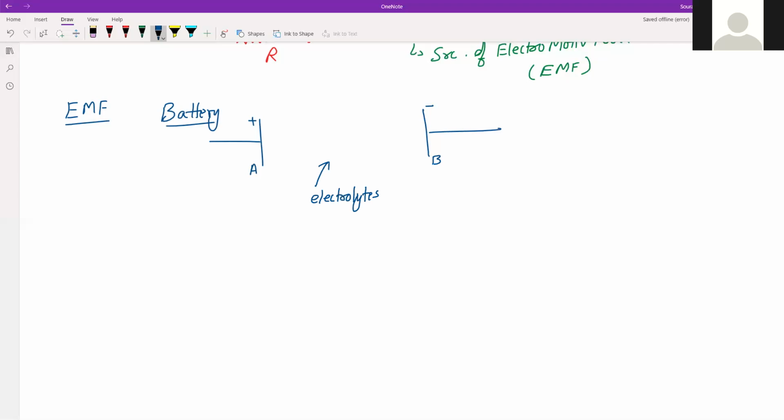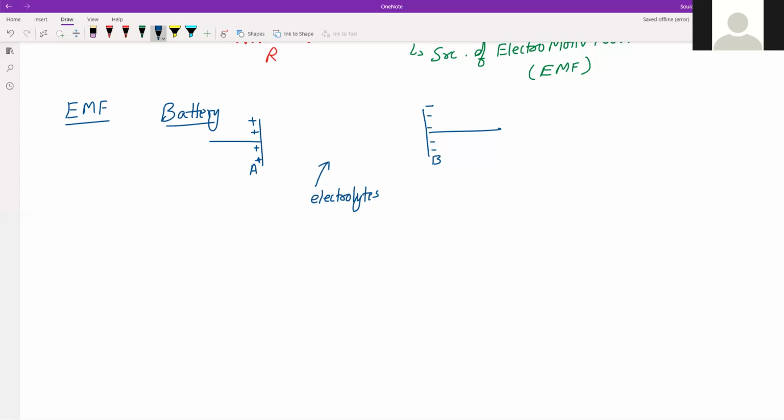Due to this, the positive charges come here, the negative come here, and this plate becomes positive and that one negative. As the charges build up on these two terminals A and B, a potential difference is set up, because now there is a charge buildup. So there is a net positive and negative charge separation.